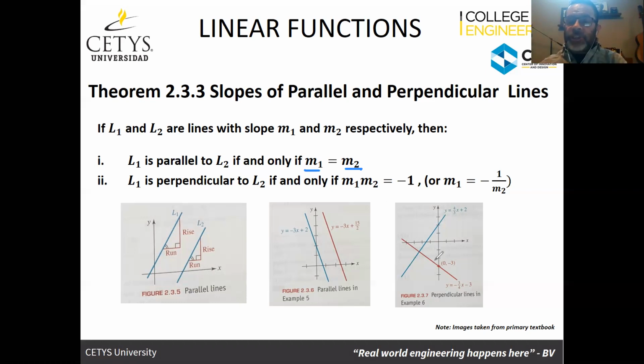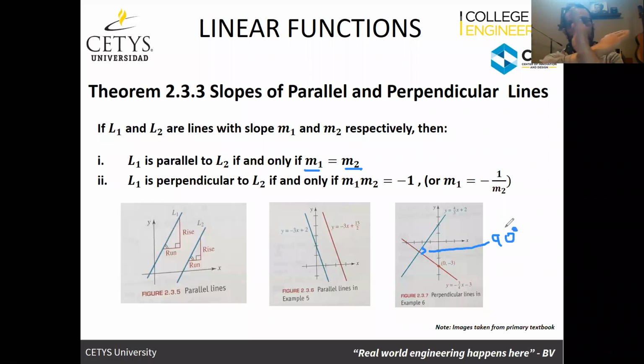However, what is the angle generated at this intersection if the lines are perpendicular? Can somebody tell me? 90 degrees. 90 degrees, correct. Thank you, Estrella. So for perpendicular lines, the angle of the intersection is 90 degrees.